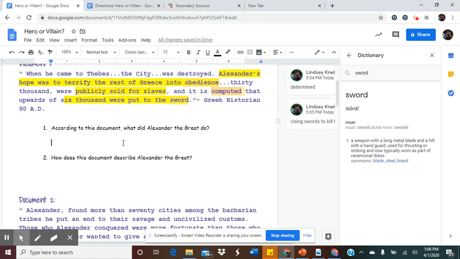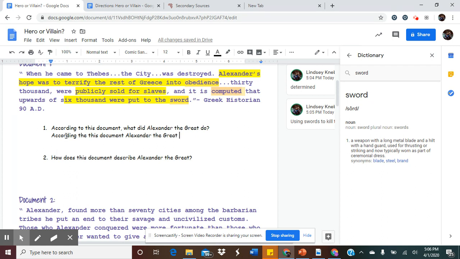All right. So now I have two questions to answer. According to this document, what did Alexander the Great do? And how does this document describe Alexander? So, first off, I want to write this in a completed sentence. So I'm going to say, according to this document, Alexander the Great, he did a lot of things.